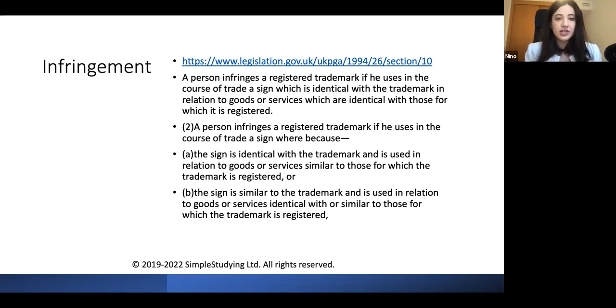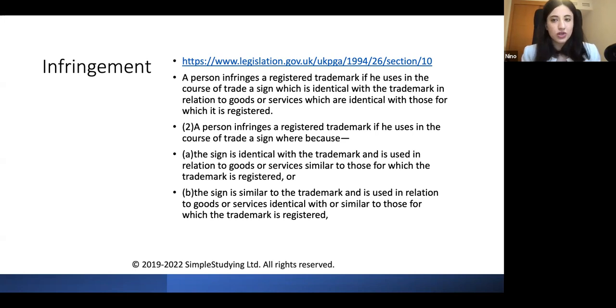So you need to have a look at the facts of the problem question and see which part of it demonstrates that the person has used a registered trademark in the course of trade. It can be something like using the name of the registered trademark in marketing campaigns, or selling their products with the name of another registered trademark.